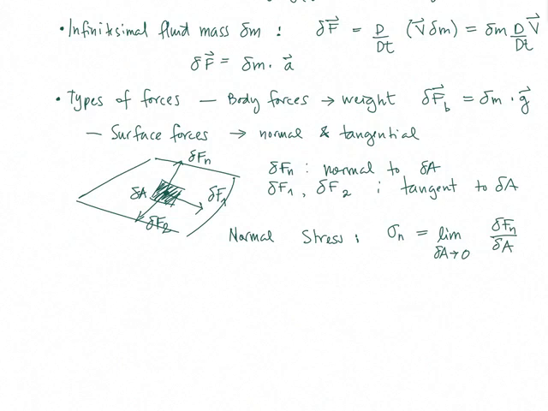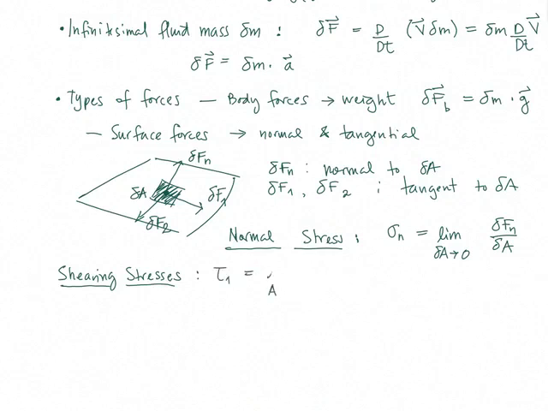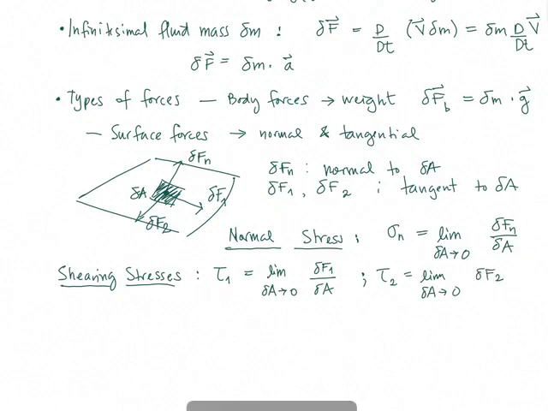And we have two shearing stresses associated to the two tangential directions, we call these tau. So tau 1 is going to be equal to the limit when the area tends to 0 of dF1 divided by dA, and tau 2 is the limit when the area tends to 0 of dF2 divided by dA.